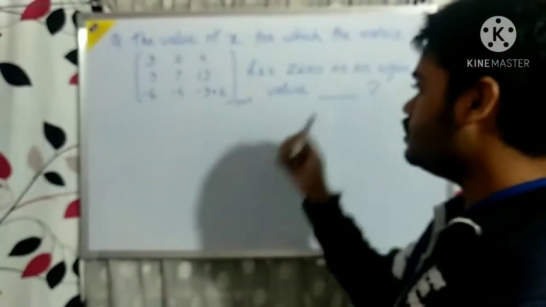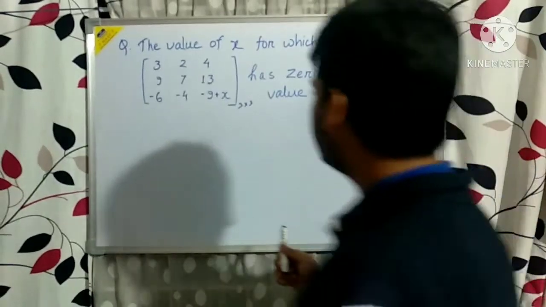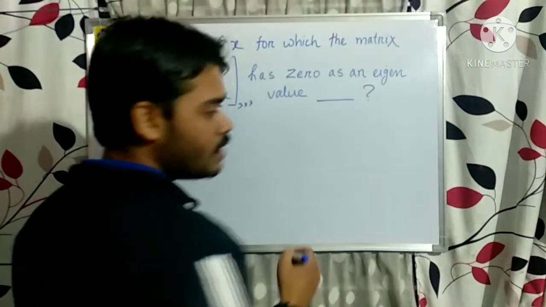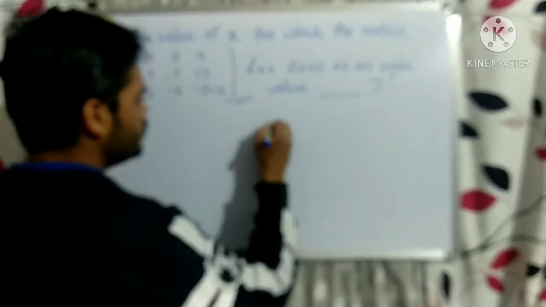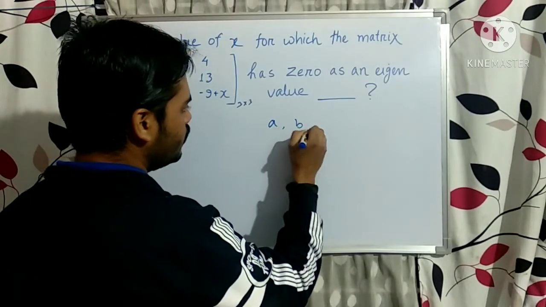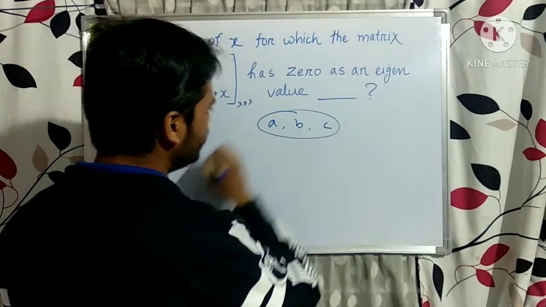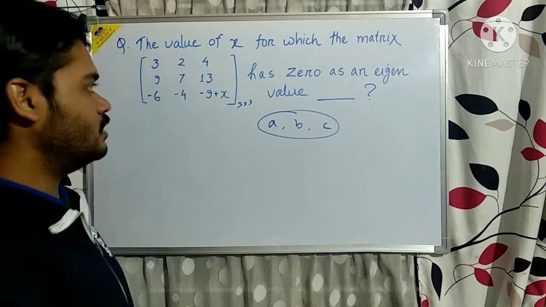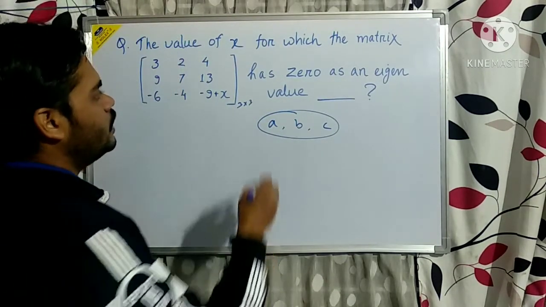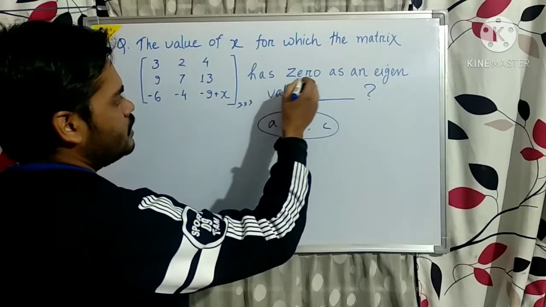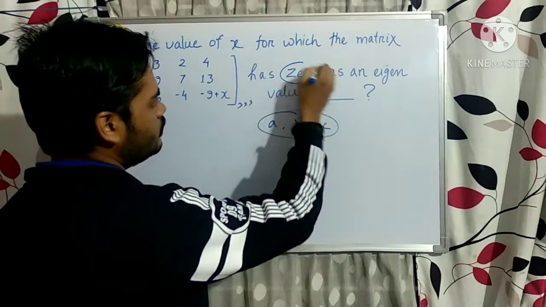Since it is a 3 by 3 matrix, there will be 3 eigenvalues. Suppose A, B and C are the eigenvalues of the given matrix. Now it is said that the matrix has 0 as an eigenvalue.